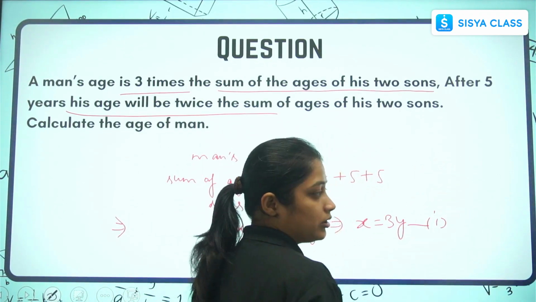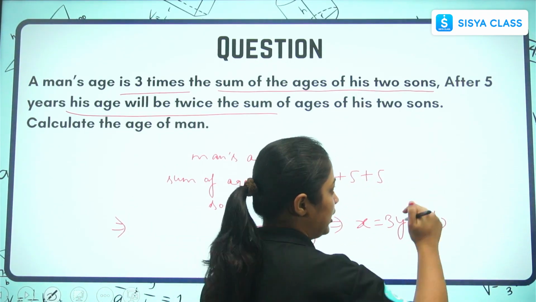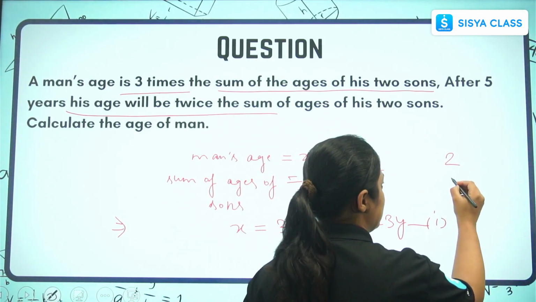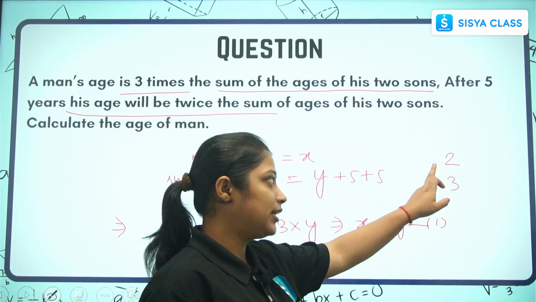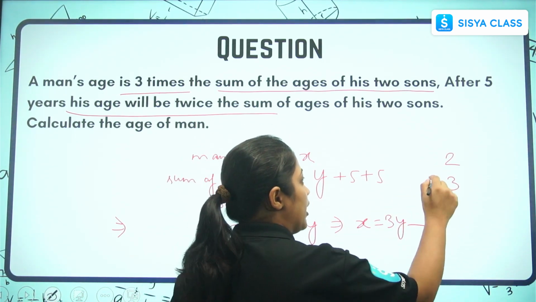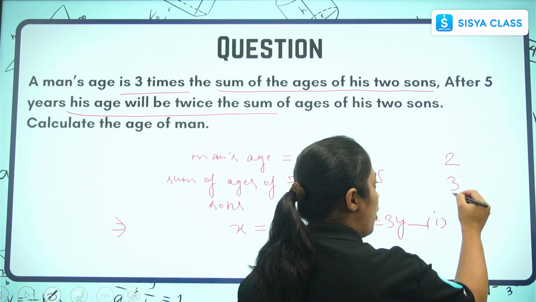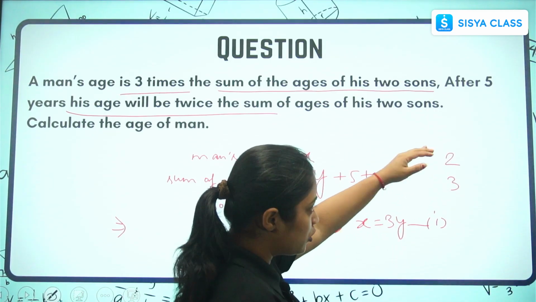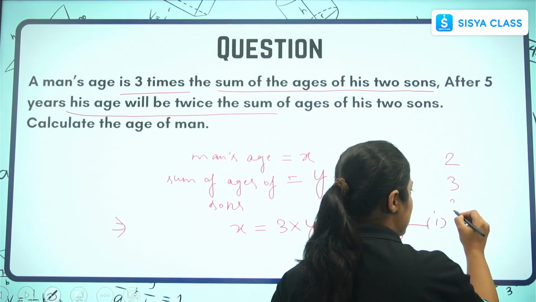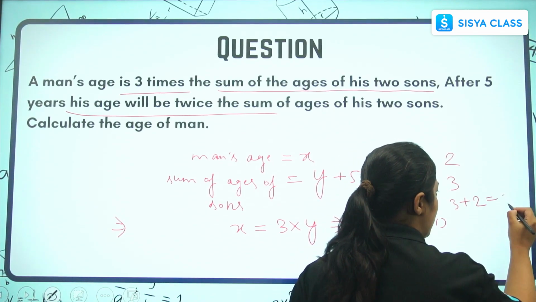Suppose your present age is 2 years and your sister's present age is 3 years, okay? Currently the sum of your age and your sister's age is 5, right? 3 plus 2 is 5.